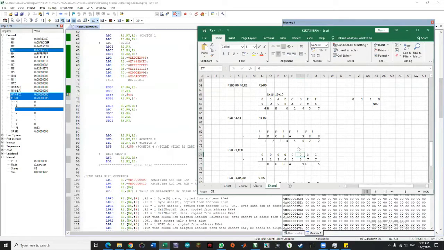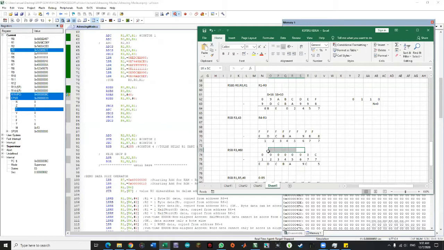So this is 15. 15 minus 6 equals 9. 15 minus 5, A, 15 minus 4, B, 15 minus 3, C, 15 minus 2, D, 15 minus 1, E. Why 15 here and why 16? Because 15 is already borrowed by the LSB here.